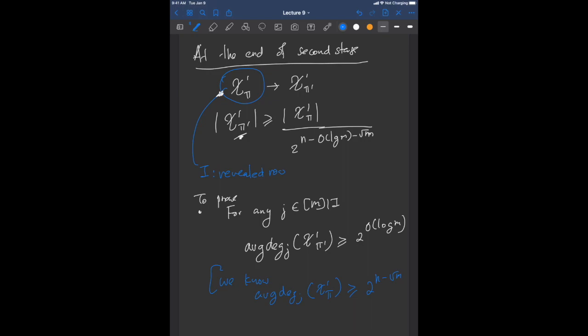And now you kind of get the picture, right? What we want to say is, this set got halved these many times. So we want to say that every time a set gets halved, the average degree also at most gets halved. So this is what I'm trying to claim. This is like an intuitive statement.